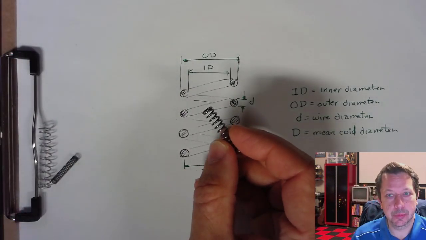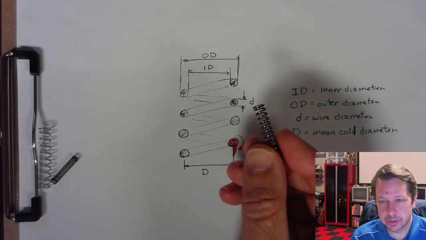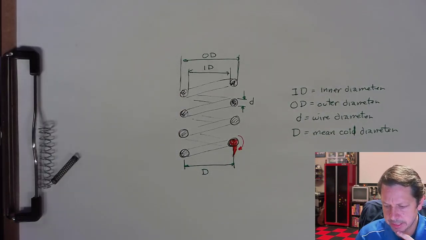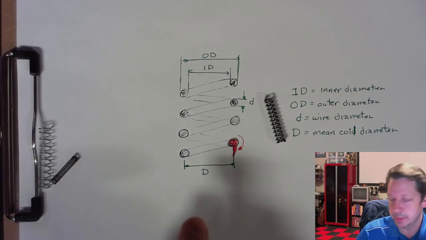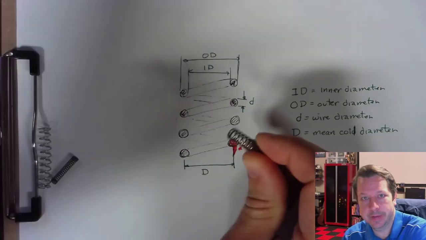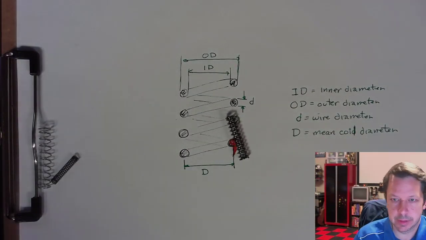We couldn't actually see them in our picture, but we're going to make the assumption that the end conditions were closed, but not ground. A lot of times you'll see these coil springs in an automobile suspension will have a little cap that sits on the top that kind of flattens everything out, but without actually grinding them. So they're not closed and ground, they're just closed.